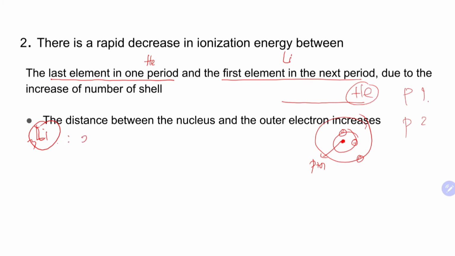So the configuration is 2, 1: 2 electrons in the first shell and 1 electron in the second shell. So the distance for helium is short, for lithium farther. So the size is bigger. If the size is bigger, then the attraction between the positive nucleus and the negatively charged electron decreases.